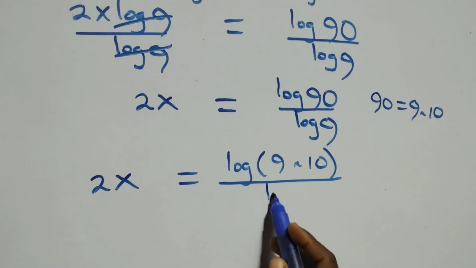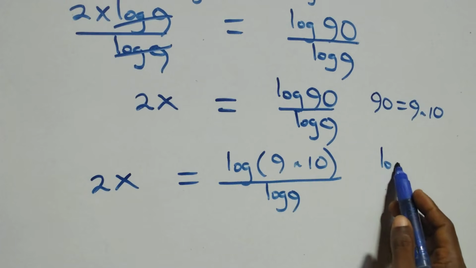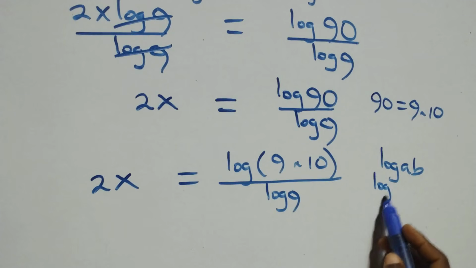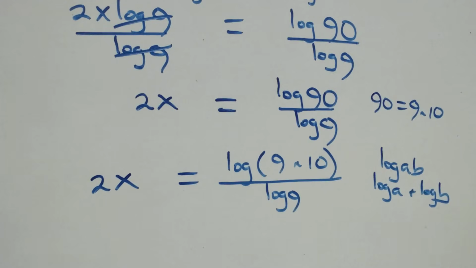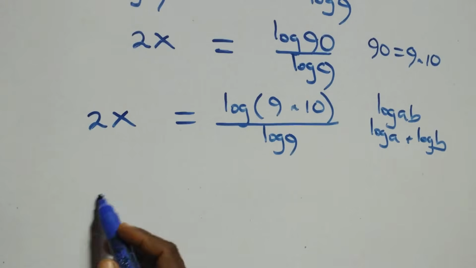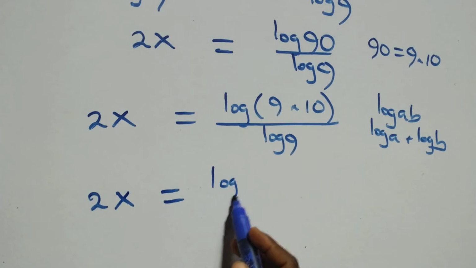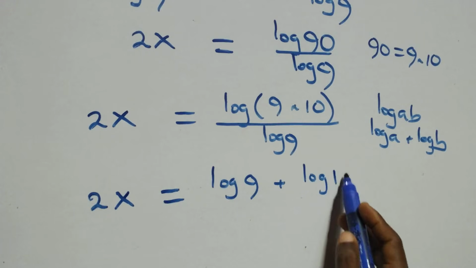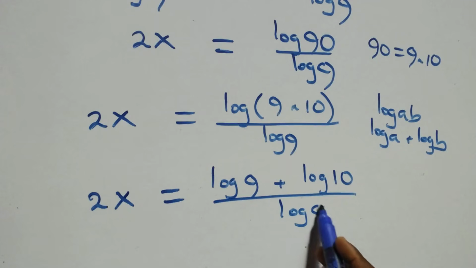over log 9. Then this follows the law of logarithm: when we have log a times b, it can be written as log a plus log b. That is, here we have 2x equals log 9 plus log 10 over log 9.